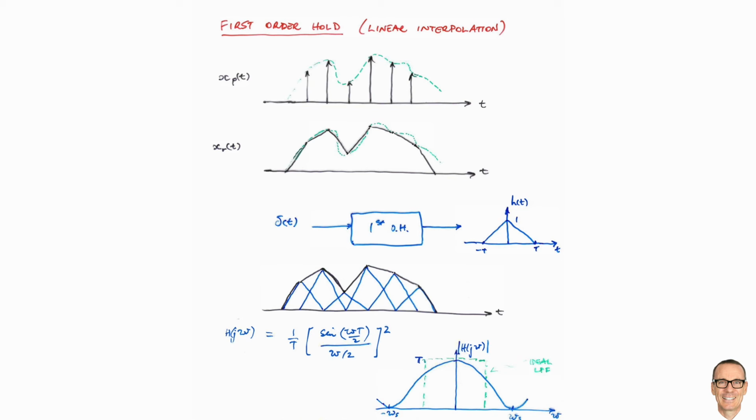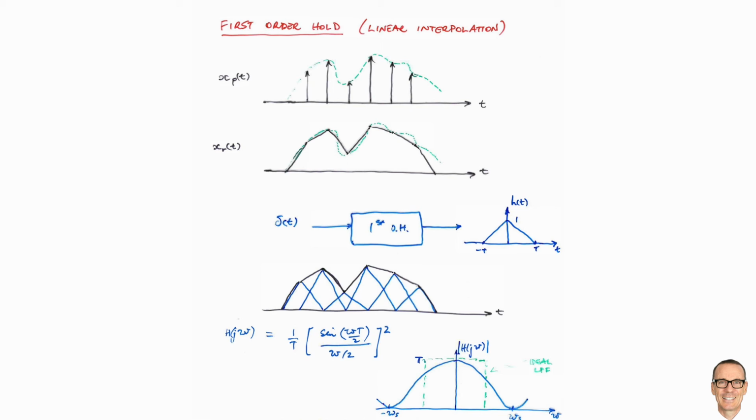So again, if you convolve that with the sampled waveform at the top, all those delta functions, you will get the picture that's shown below the blue block diagram, because the convolution will put that triangle centered at each of the delta functions from your sampled waveform, and then when you add them together, you will see that you get the black waveform below, which is a linear interpolation between the heights of each of the samples.